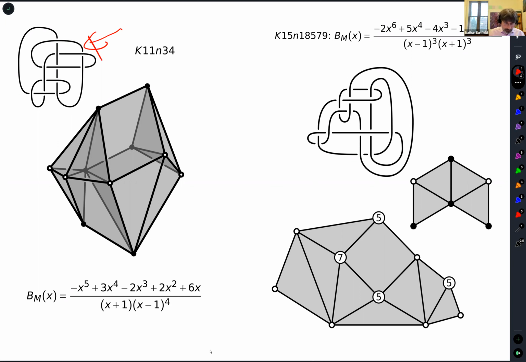And so, what's a cone? We could take a cross section of that cone to get a convex polytope. For the Conway knot that we started off with, this is a cross section of the relevant cone.